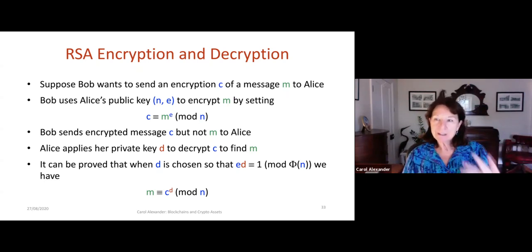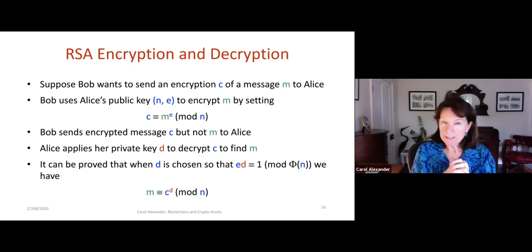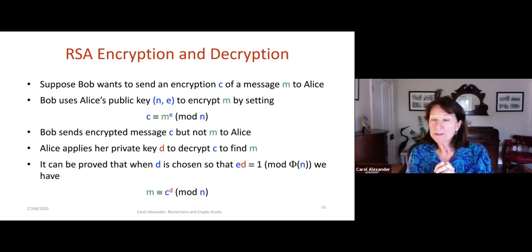How do we encrypt and decrypt given these keys? So suppose Bob wants to send an encrypted message. So the encryption is C, that's public. The message M is private. So Bob uses Alice's public key, n, e, to encrypt M by setting C congruent to M to the power E mod N. We'll do an example in a minute.